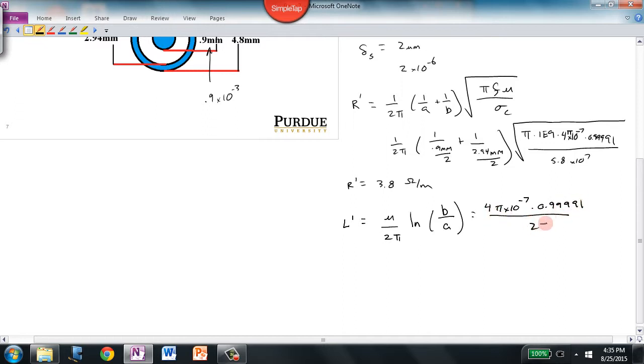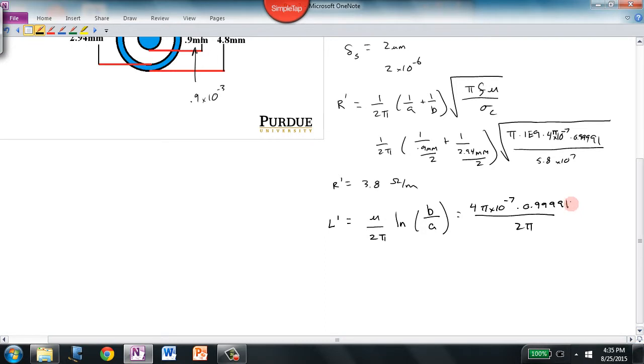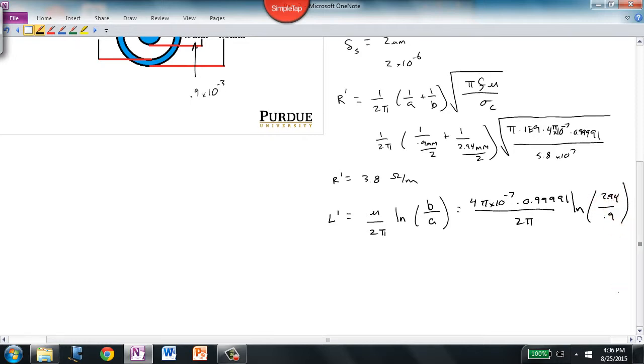Divide that by 2 pi, and then multiply this whole quantity by the natural log of 2.94 divided by 0.9. I can use diameters or radii in there because it's a division, so that saves a little time. L prime is 240 nanohenries per meter.